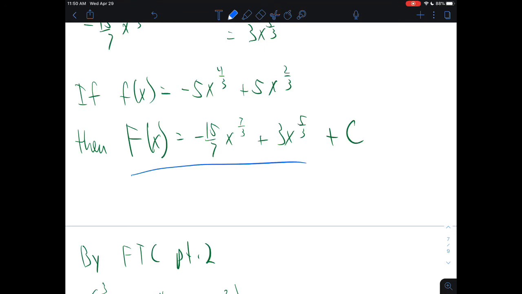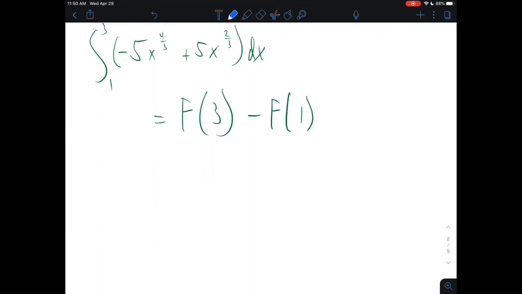Again, you can notice what's about to happen to C if I did include it. I would have a C from F(3) and a C from F(1), but I would be subtracting them. They would go away.